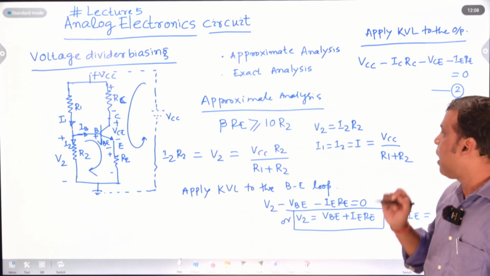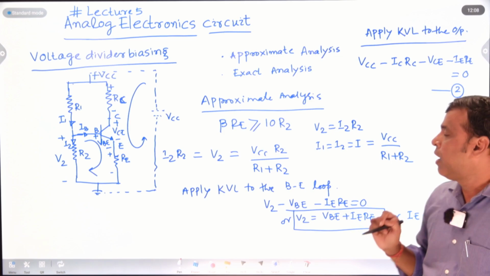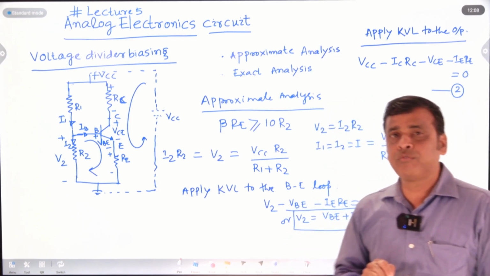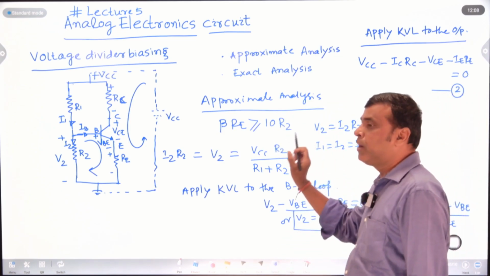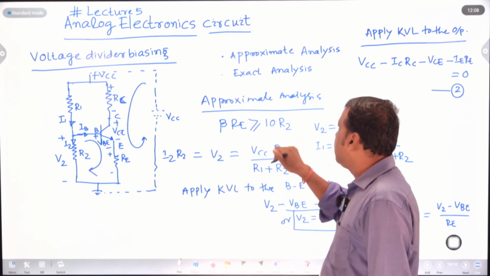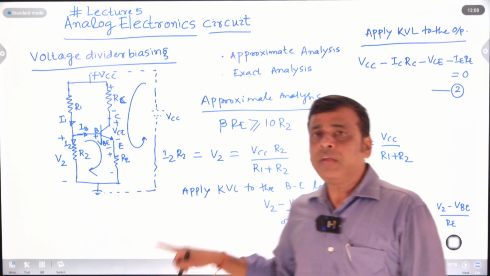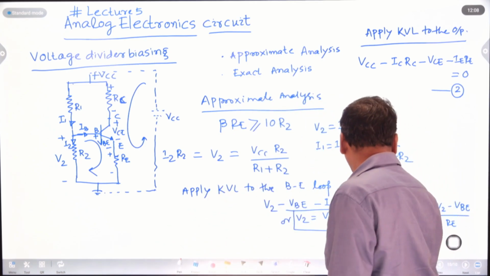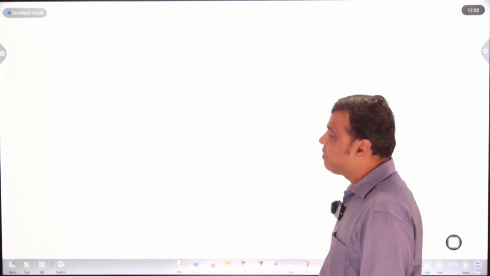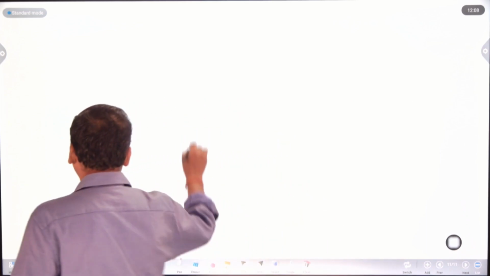Beta value is given, RE value is given, R1 value is given, and R2 value is given. First of all, you have to check if beta RE is greater than or equal to 10 times R2, then you can proceed to calculate the DC current and DC voltage using approximate analysis. Next, exact analysis.